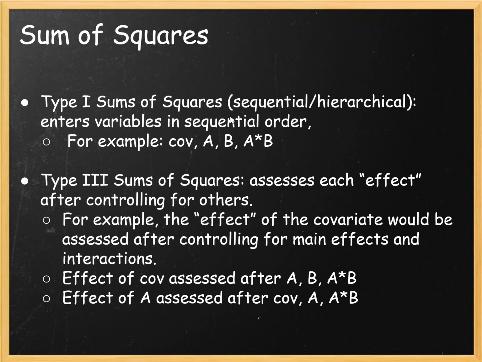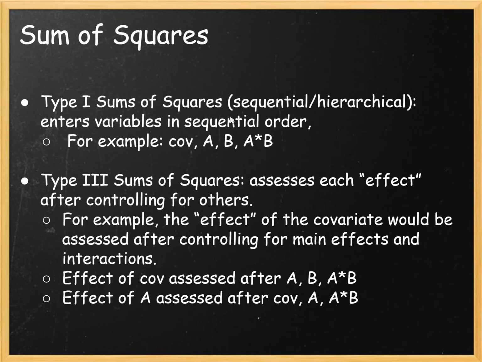Most ANOVA analyses are done using type 3 sum of squares, which basically assesses each effect or variable after controlling for every other effect or variable in the model. Looking at the covariate this way probably doesn't make sense, because you would be looking at the relationship between the covariate and the DV after controlling for all of your independent variables.